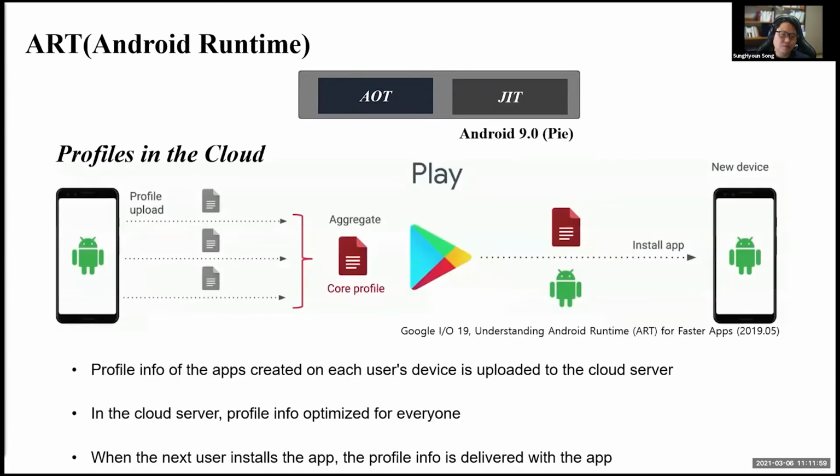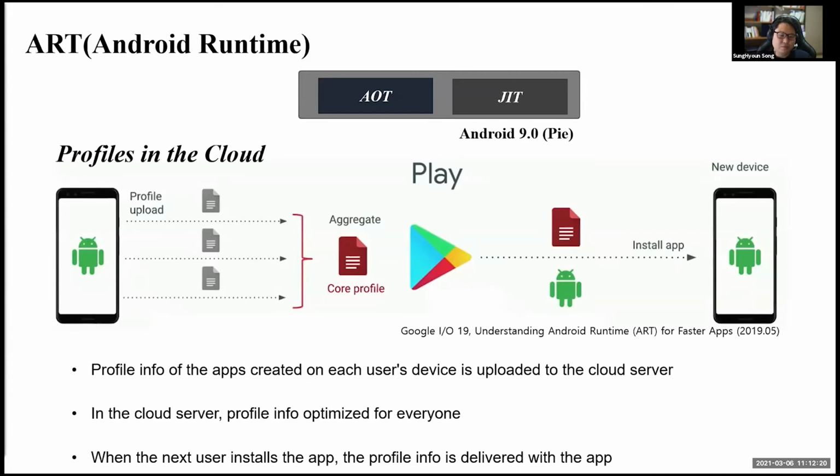To solve the problem of slow execution at first launch of an app, Google introduced a cloud-based profile technique in Android 9. As shown in the figure, the profile information of an app created on each user's device is uploaded to the cloud server.